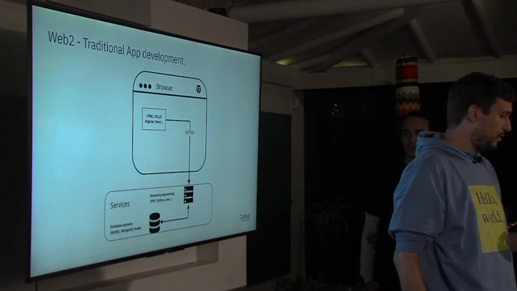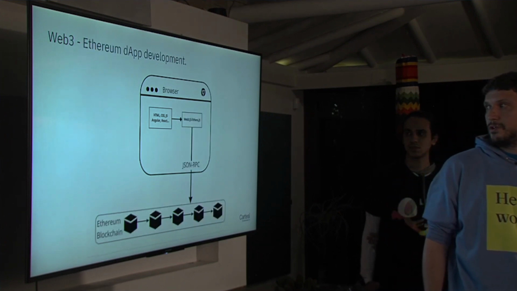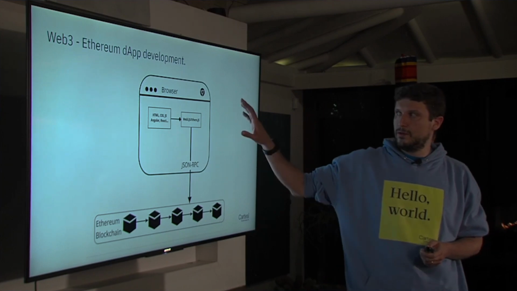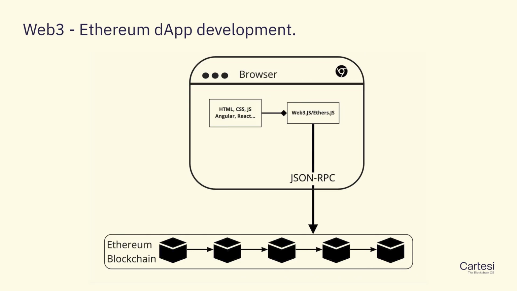Now, for people that are used to Web3, this picture is going to look familiar. What happens in Web3 is that you still have the browser, you still have the front end using Angular, React, Vue, or whatever framework of your choice, still using HTML, CSS, and JavaScript. But now you have a new element. And this new element is a library, which is used to connect to the blockchain.